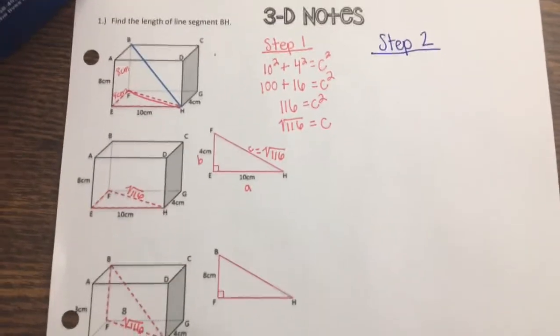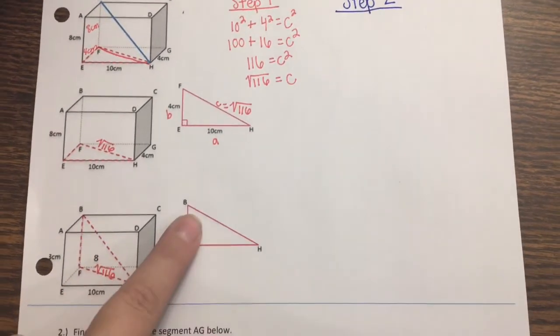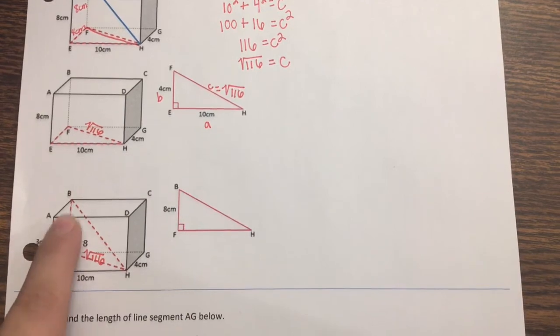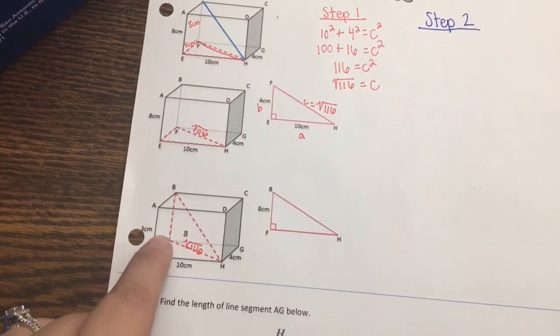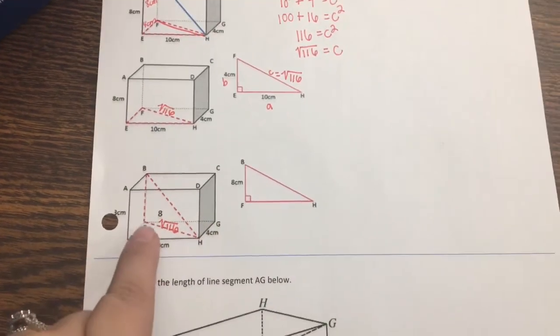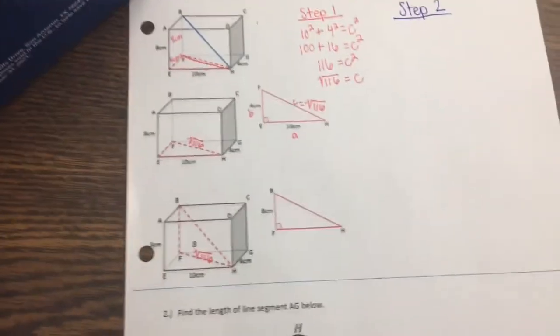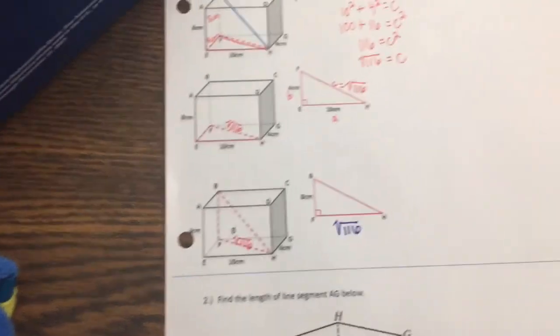Okay, step 2, we now have enough information. What this visual is showing you is that it has peeled out that upper triangle, which in my example was the blue one. So we know that 8 because of our leg, but we know this bottom one is the square root of 116.